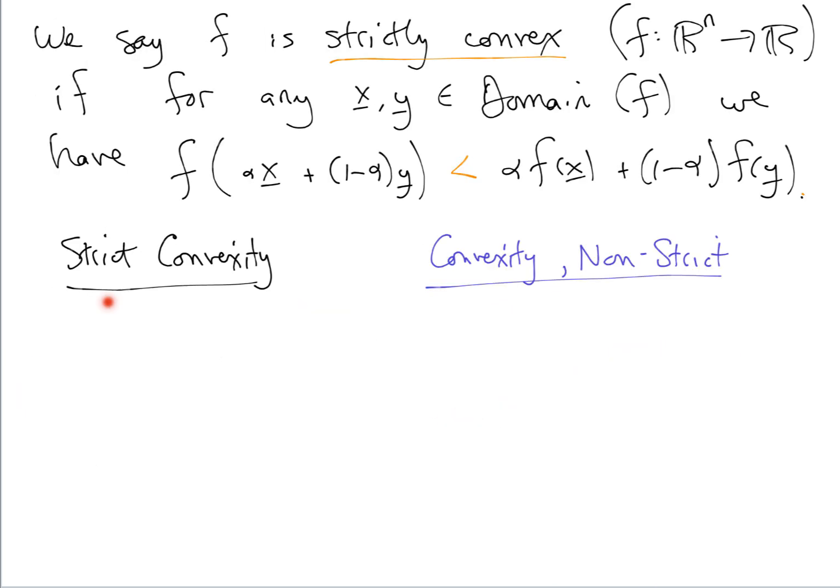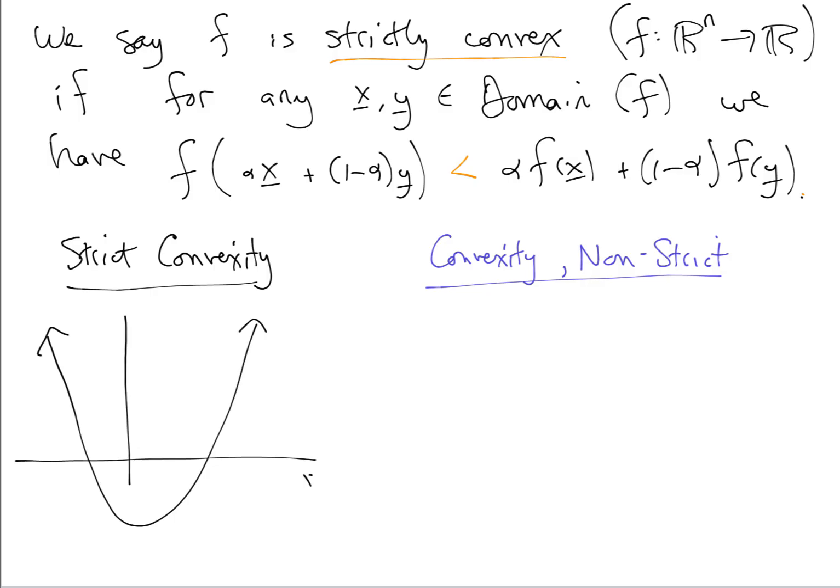We can depict this looking at the case of strict convexity and non-strict convexity. For strict convexity, we have a function that looks something like this, like what we had depicted before. And we'll just think about functions of a single variable here.